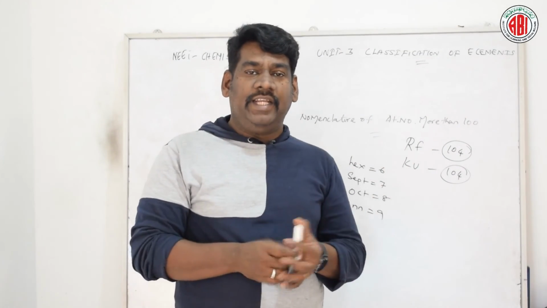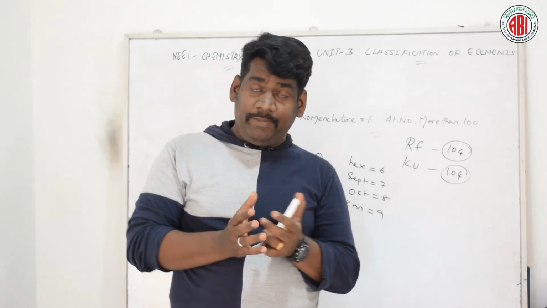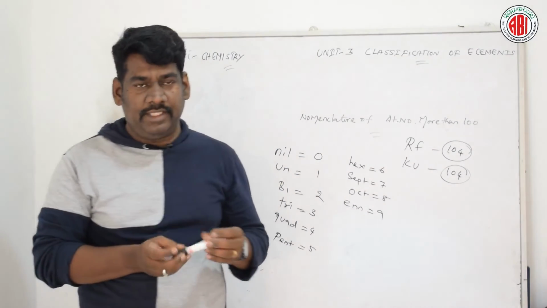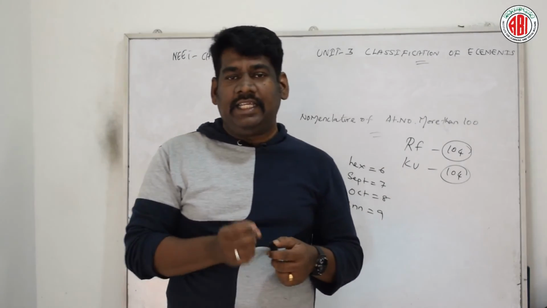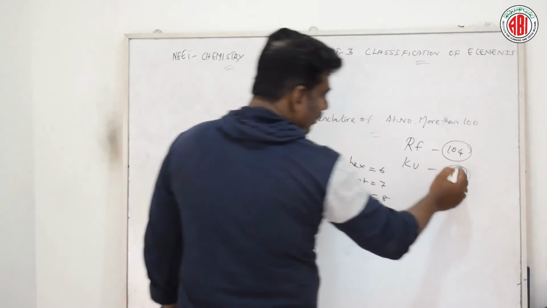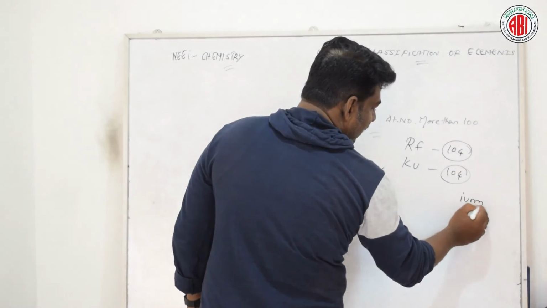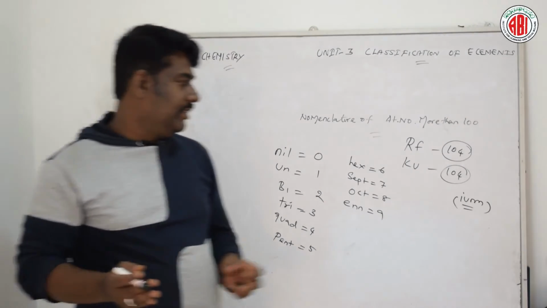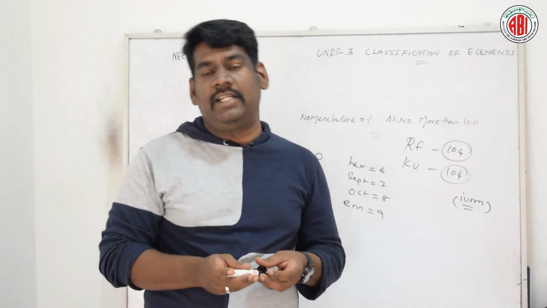The names are derived by combining the roots in the order of the digits which make up the atomic number, and ium is added at the end as a suffix.